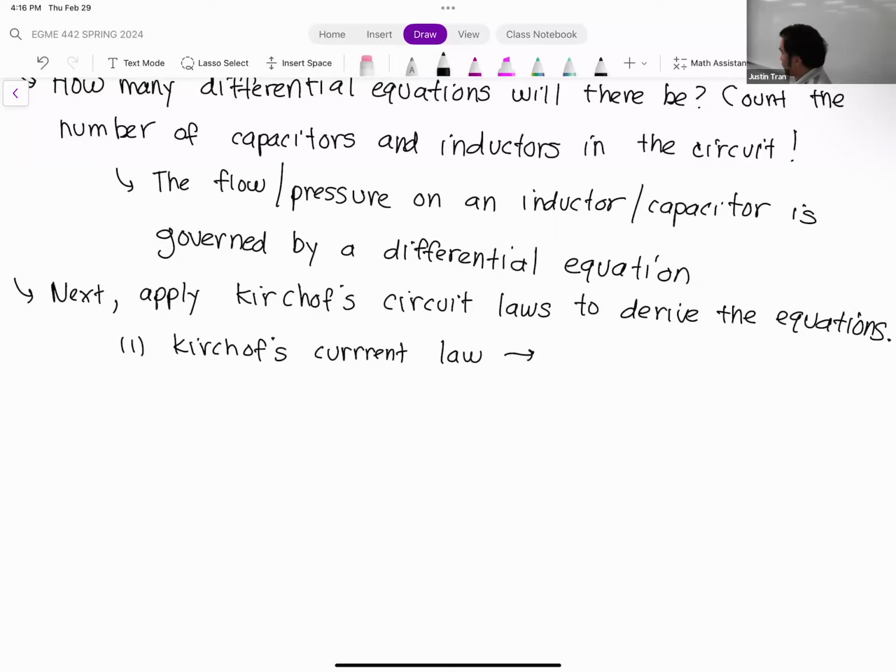Because we're doing circuits, I'm going to attribute it to Kirchhoff because he's the one that discovered it. But if you want to put it in more fluid mechanics terms, Kirchhoff's current law is essentially the same thing as conservation of mass.